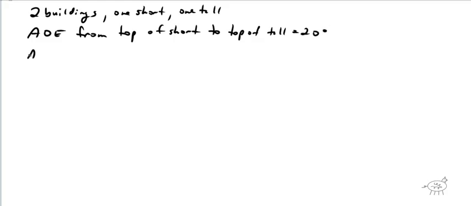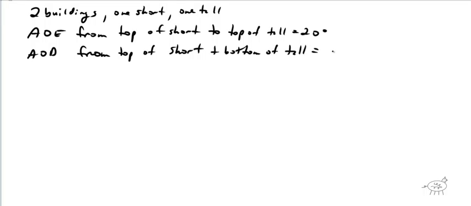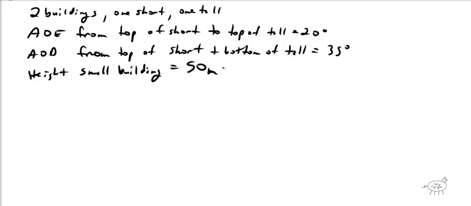And the angle of depression, AOD, from the top of the short to the bottom of the tall is 35 degrees. Okay, and then I tell you the height of the small building is 50 meters. And my question to you is find the height of the tall building.